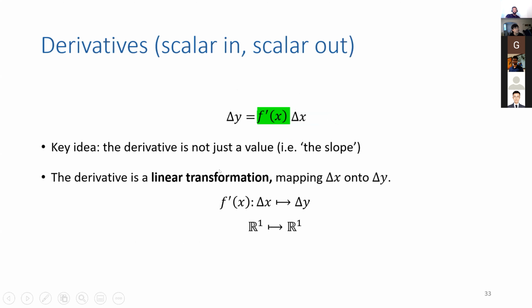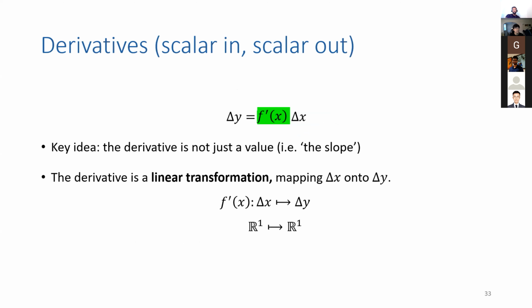And so I think the key insight with showing you guys this formula, and notice that I replaced alpha with f prime of x, the first derivative essentially, is that the derivative is actually a linear transformation. So even for scalars, it would be in sort of a 1 times 1 matrix sense.